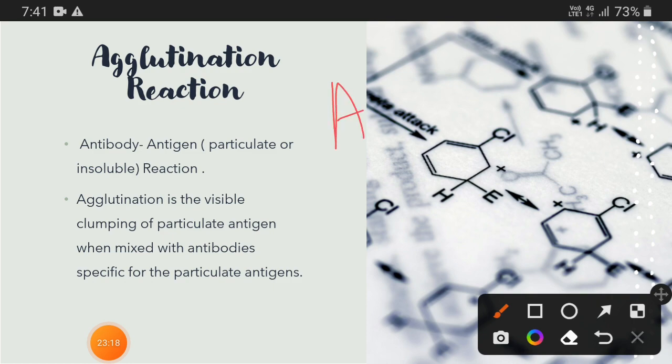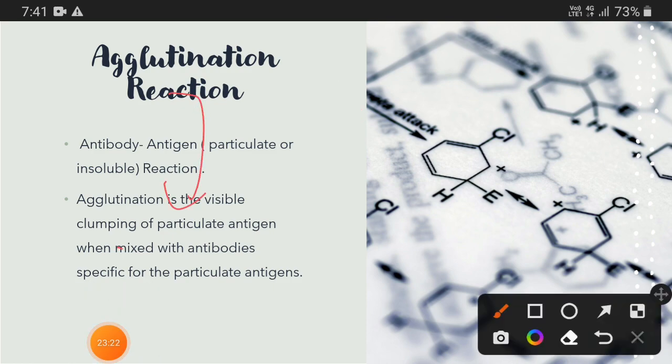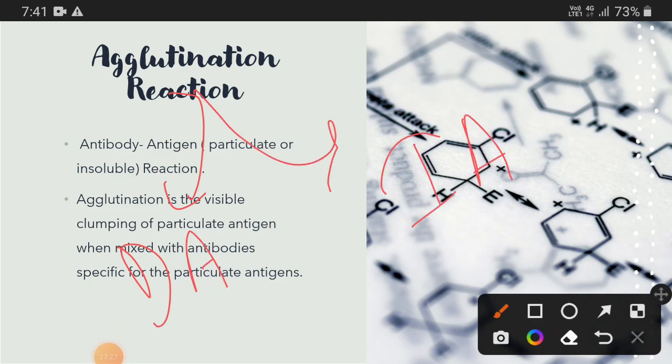Agglutination reaction is divided into two parts: direct agglutination and indirect agglutination. In direct agglutination, remember, the antigen is naturally present on the surface of the cell or insoluble particle. In other words, the antigen is an integral part of the insoluble particle or cell.